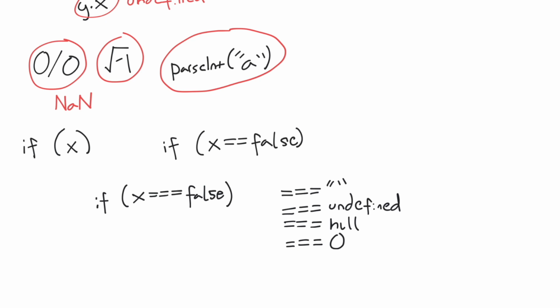So the correct way to check in JavaScript if a variable is not a number is to use the function Number.isNaN(x). And this is going to return true if x is not a number and false if it isn't.